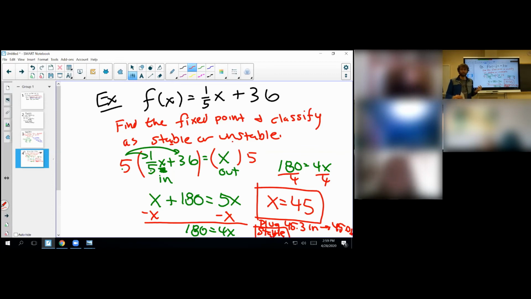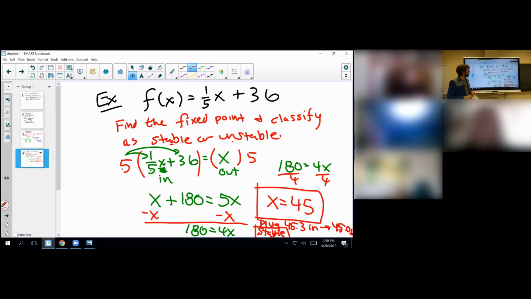So why did the magic trick work? Well, stable fixed points basically, as you iterate the function, as you apply the function over and over, they tend to pull the value in. Sometimes these are also called attractors. And this one actually pulls things in very quickly. So just applying the function 3 times, you basically always end up with 45.